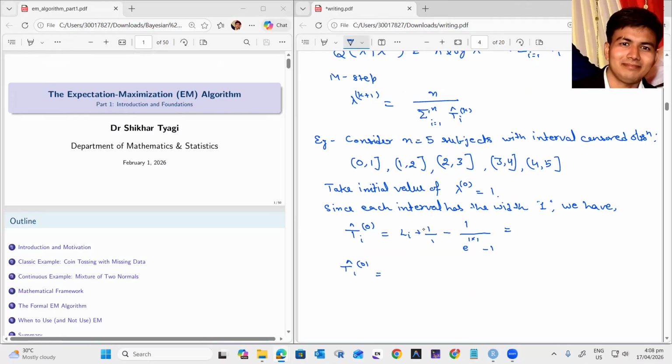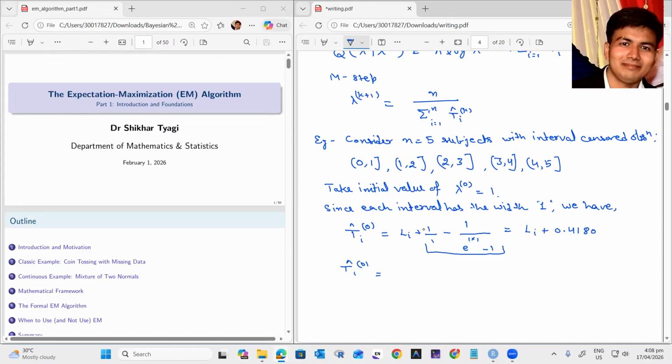After simplification we get Li plus 0.4180, which is the value of this portion.